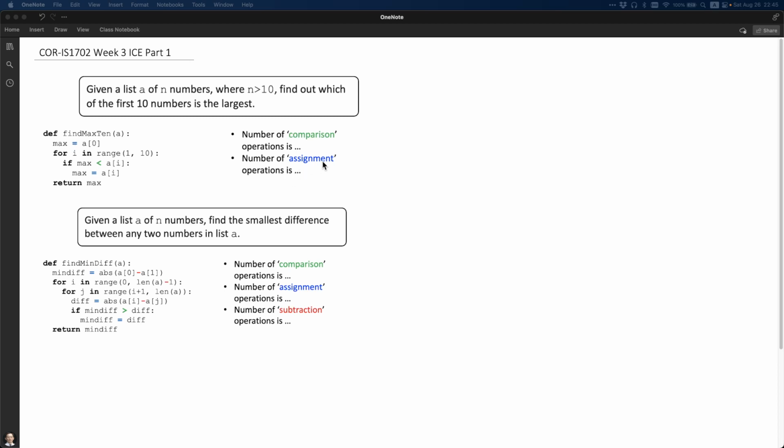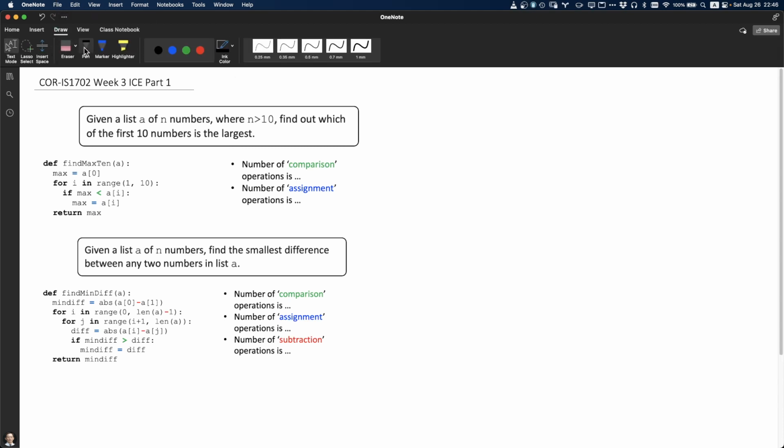In terms of the comparison, you can see that it's decided by the number of times that the for loop got executed. It's actually in the range from 1 to 10.